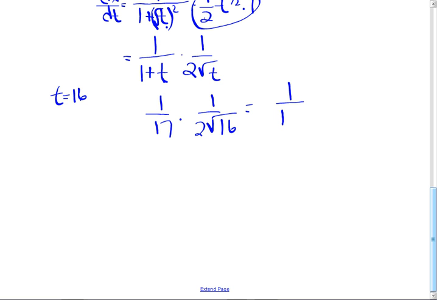So it's 1 over 17 times 1/2 times 1/4, whatever that is. What's t equal to? It's 16. Just substitute 16 in.